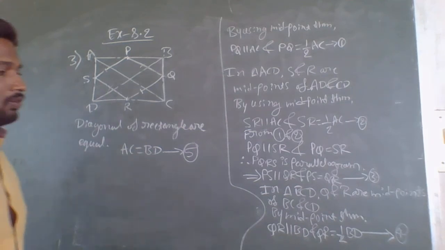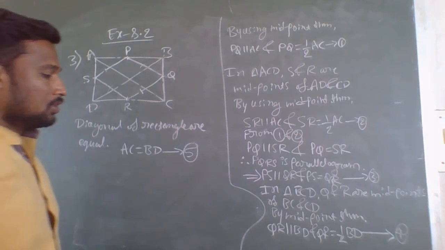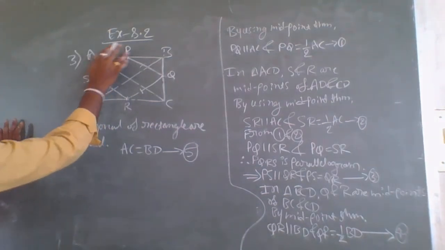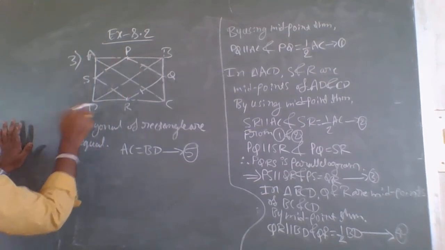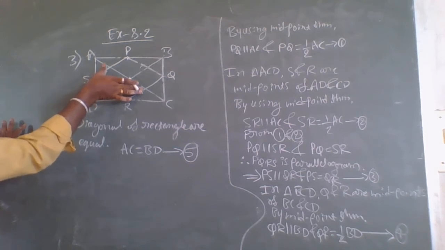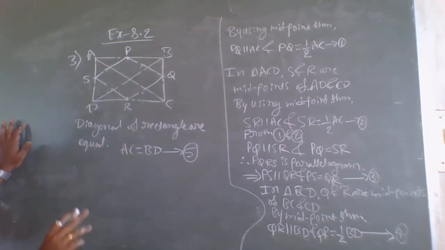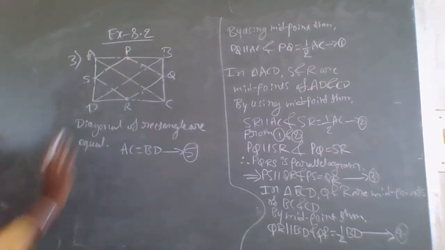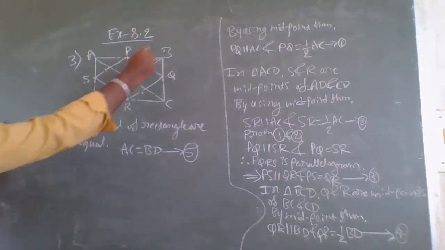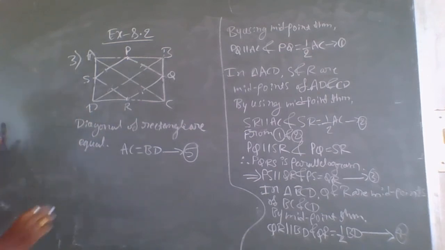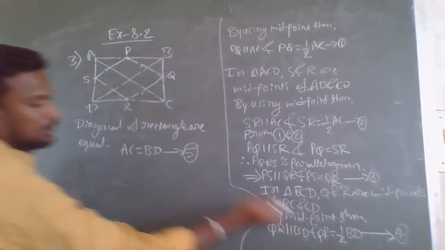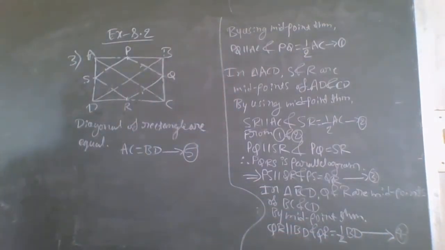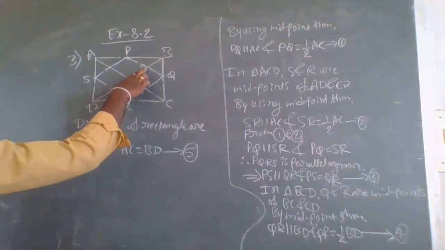So what did we get to know? First we proved this is a parallelogram. PQ equals SR and QR equals PS. Opposite sides are equal, but we have to prove all the sides are equal. To prove this, we considered triangle BCD and proved QR is half of BD.